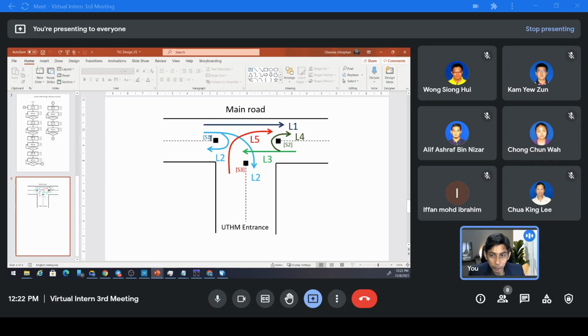Also, actually if you look at the UTHM traffic light, it has a sensor to detect whether you have a car waiting here or not, here or not, and also here or not. In a normal traffic light, normally the sensor is under the road surface.